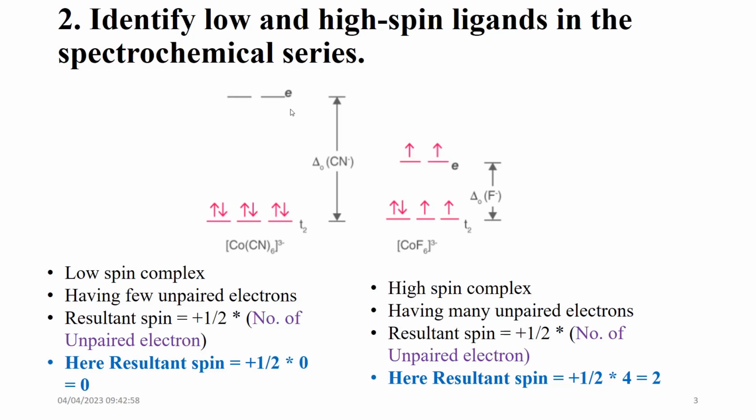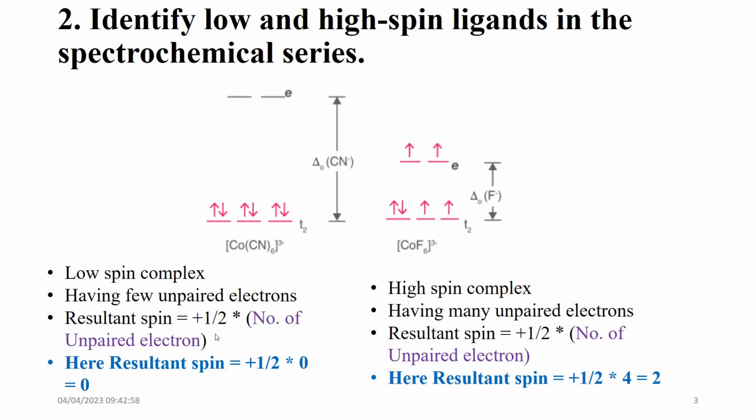So basically, what is a low spin complex? The low spin complex is one that has a few unpaired electrons. A complex with such character is called a low spin complex, and a complex having few unpaired electrons will have a low resultant spin.